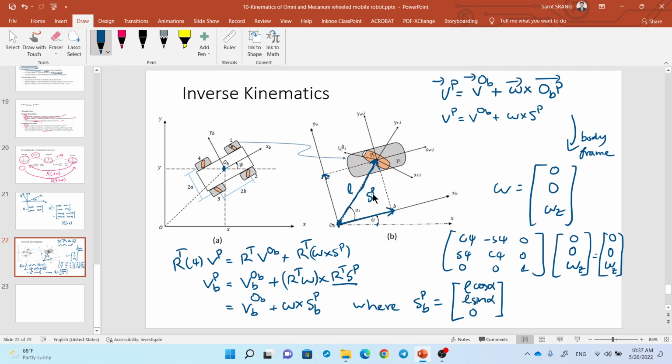So be careful, S here has SP and it has SP on the B frame. The same vector but measured in different frames.